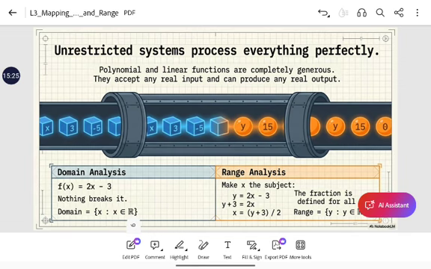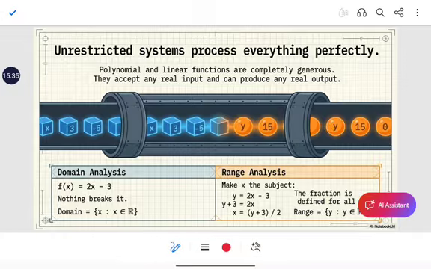So we are saying that polynomials and linear functions are completely generous. When we say linear function, this is a function where the highest power of the variable is 1. Okay, and we are saying that they accept all real inputs.